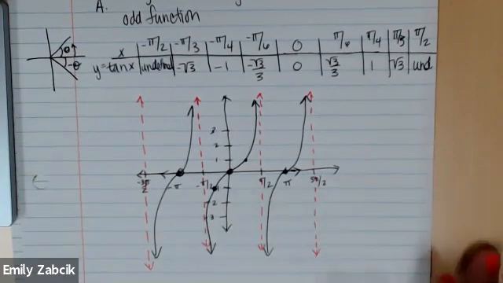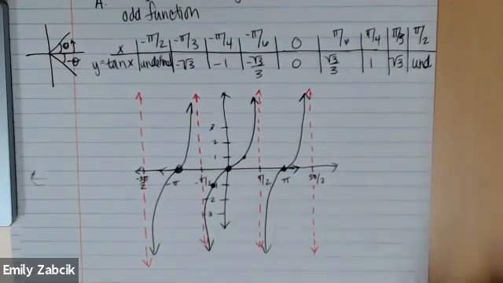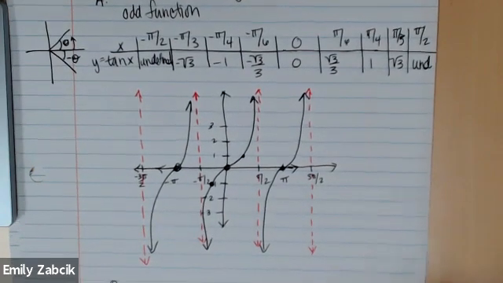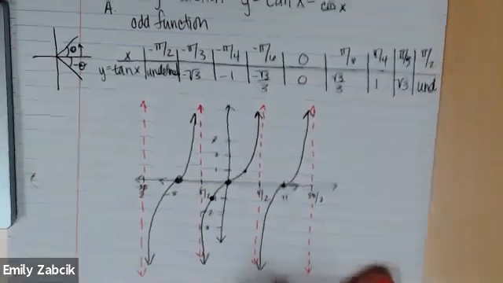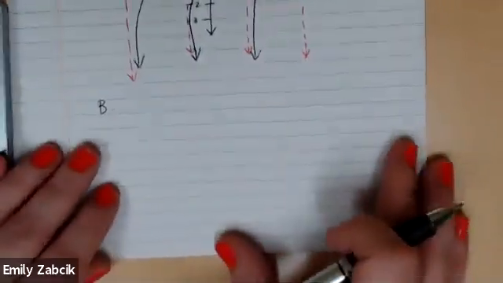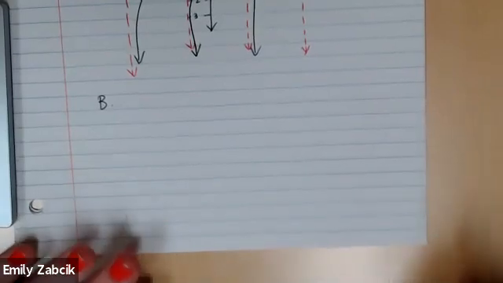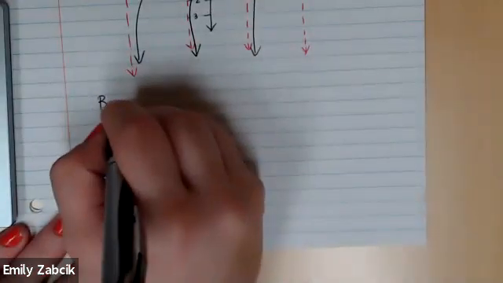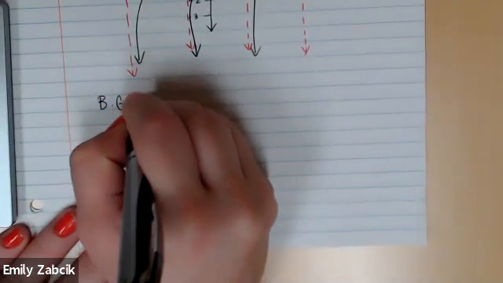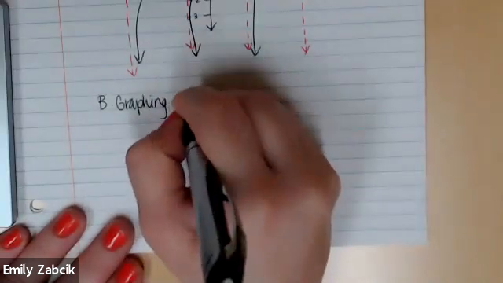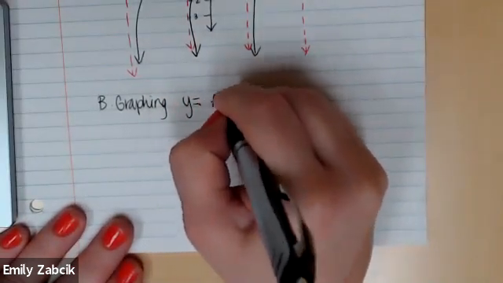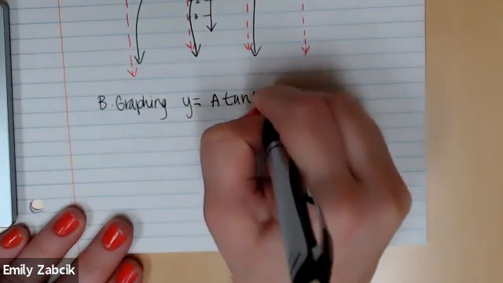Now, as I break these apart and look at these other 4 trig functions, I'm going to break them into two notions here. Let me adjust our camera here. The first one I want to look at is graphing y equal to a tangent of bx.